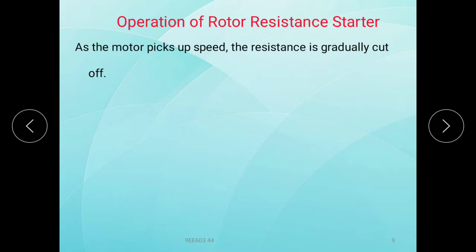As the motor picks up speed, the resistance is gradually cut off.